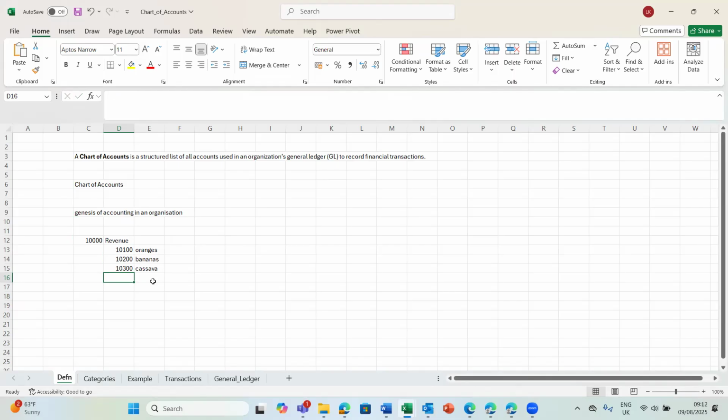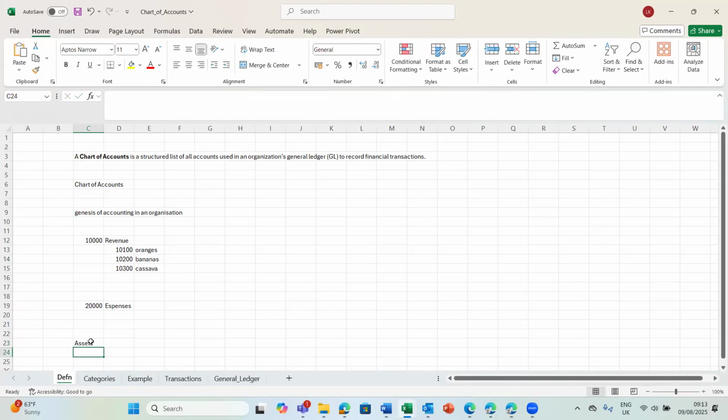Besides revenue, you can also have accounts for, let's say, expenses. These will also have codes. Let's say I'll give them 20,000. You also have codes for assets.